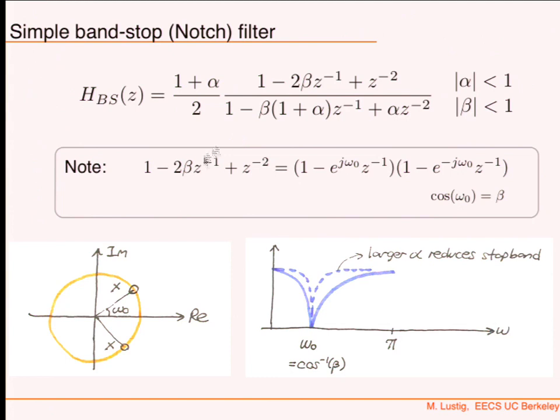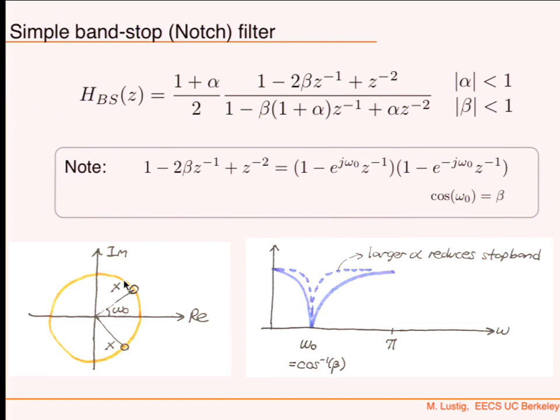And if you parameterize this in this particular way, then you see that the frequency response of this bandstop filter again can be parameterized by a beta and an alpha parameter. Alpha basically means where the pole is going to be. How close is it going to be to the unit circle?